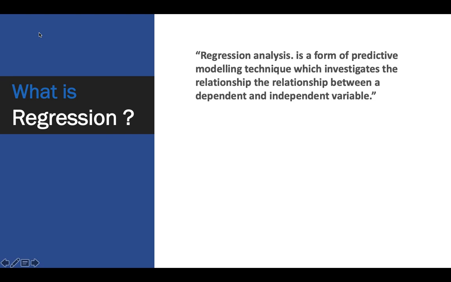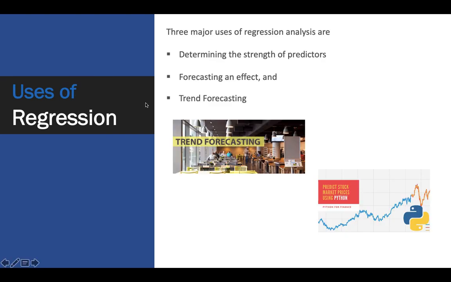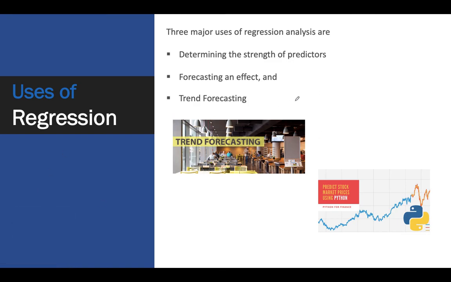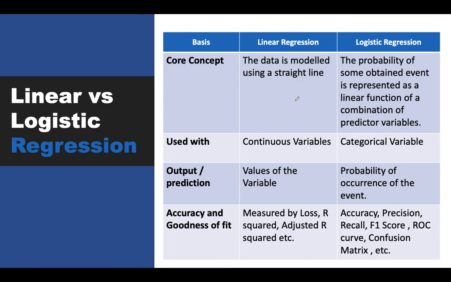Okay. Fine. So for simple linear regression, first we'll try to understand the use cases. The use cases are determining the strength of the predictors, forecasting, trend forecasting, and all those. Okay. So for comparing linear and logistic regression on the basis of the core concept, we'll see how the data is modeled, the probability, and all these things.